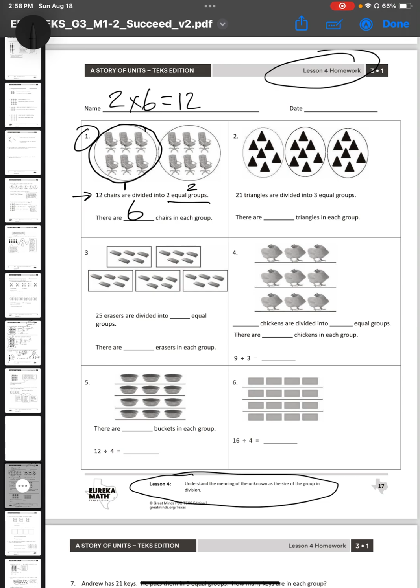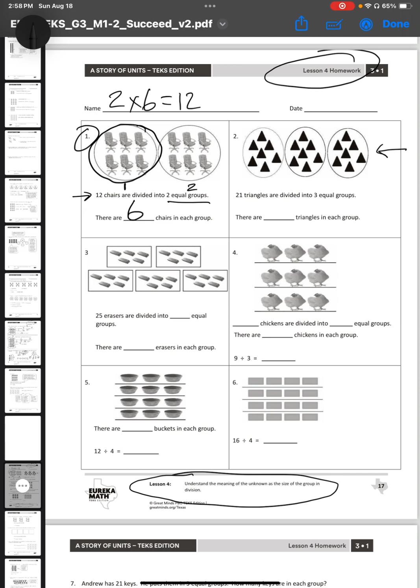Okay, let's move on to problem 2. And again, I'm going to look at the groups, and I'm going to write my multiplication sentence for that, because the kids typically can pick up on writing multiplication sentences pretty easily, because they start to understand that these are just repeated addition sentences. So let's start out by writing our multiplication sentence.